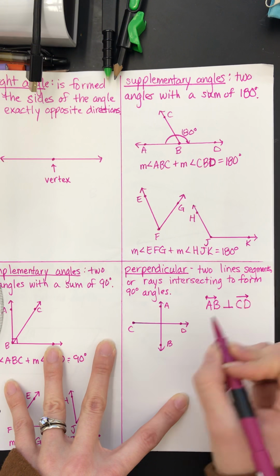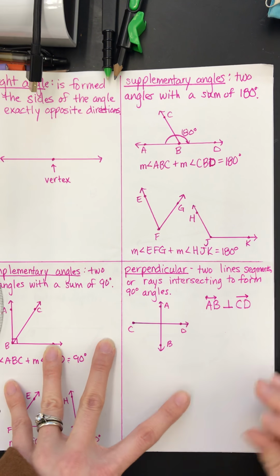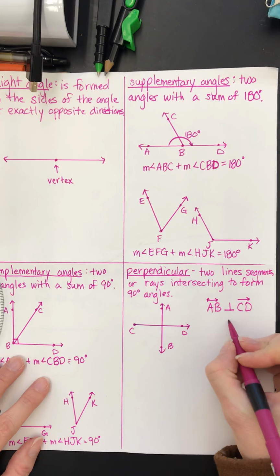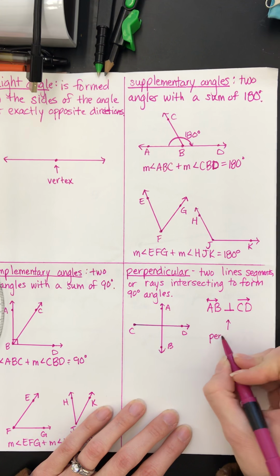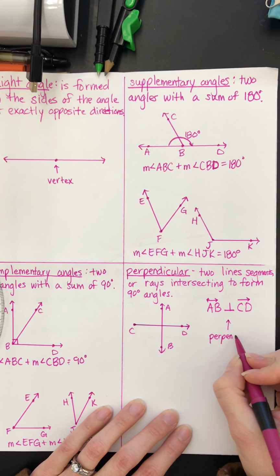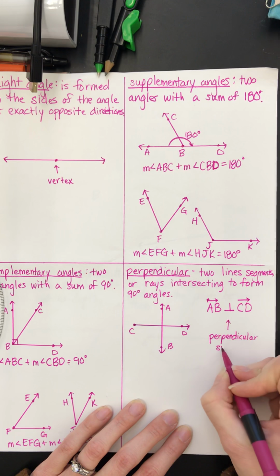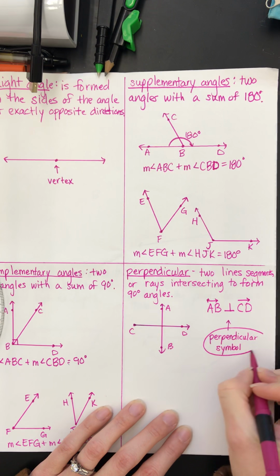Notice that my arrow is on the side that continues on, like it's on the D side that continues on. This right here, take note that this is the perpendicular symbol.